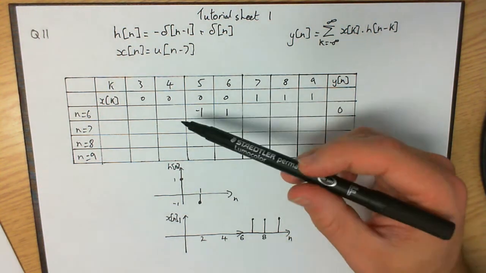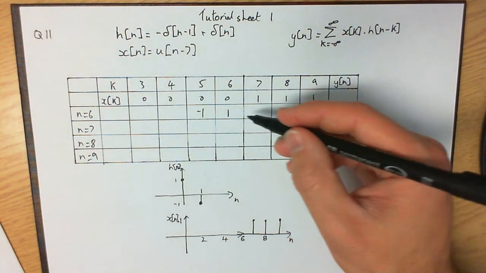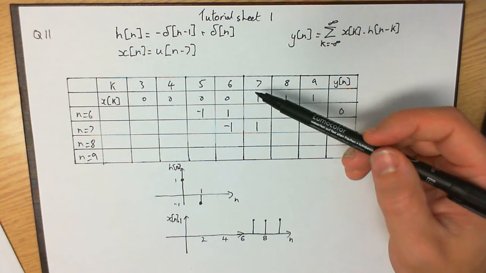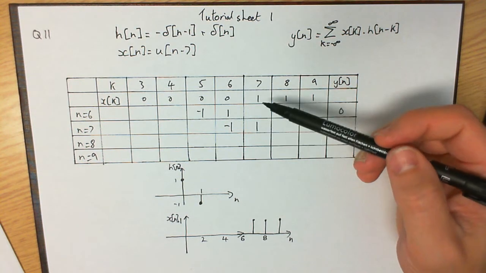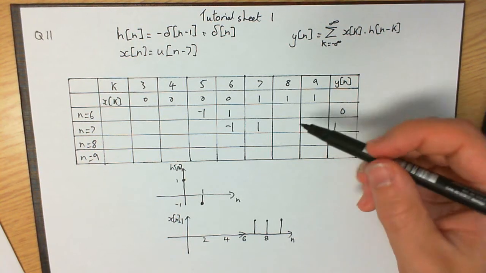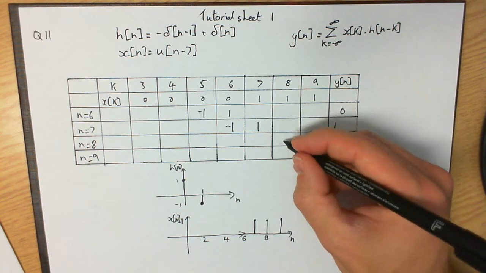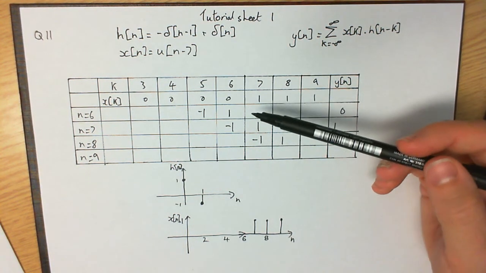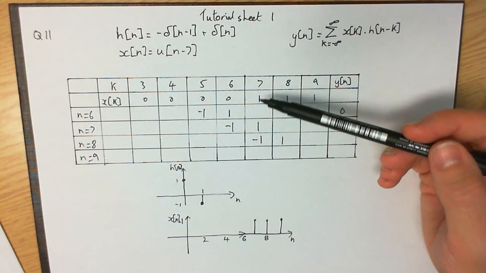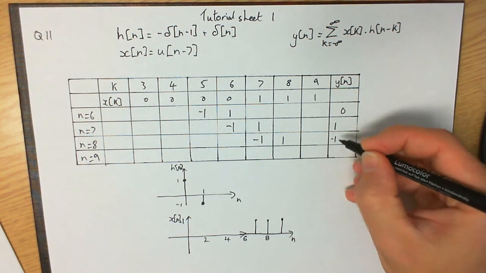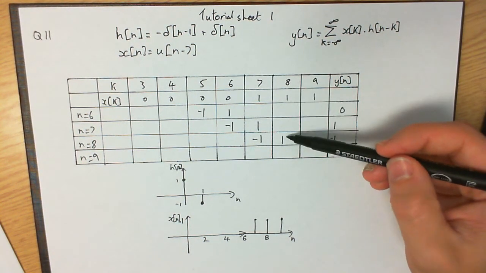And as we shift to n equal to 7, so we move this 1 to the right, we've got 1 multiplied by 1, so we get an output of 1. If we move to the right again, well, in this case we've got 1 multiplied by minus 1 plus 1 multiplied by 1.